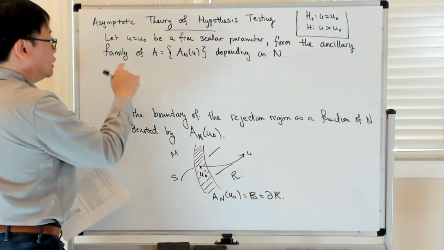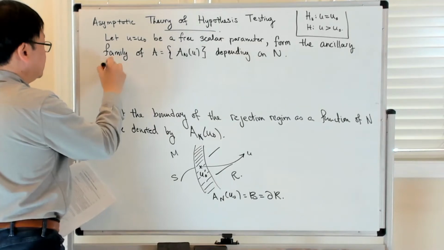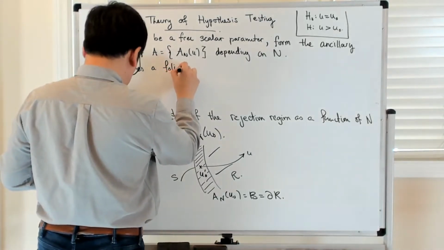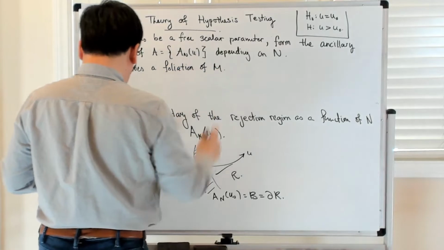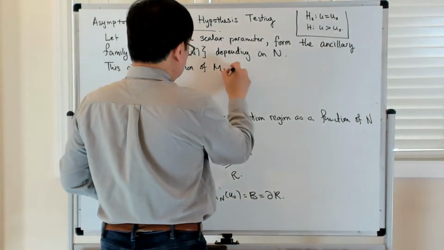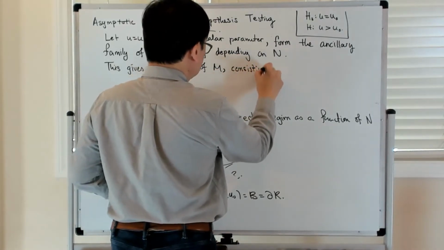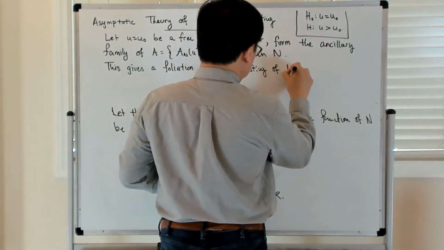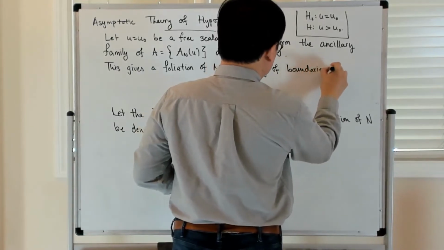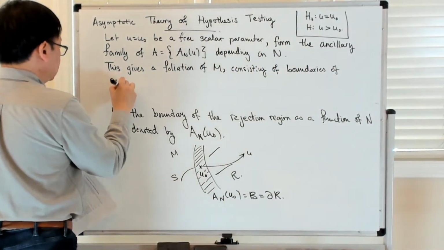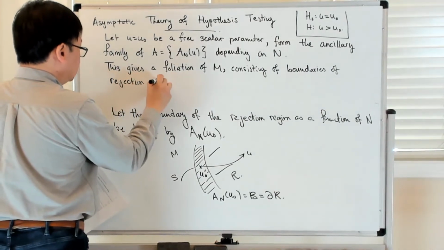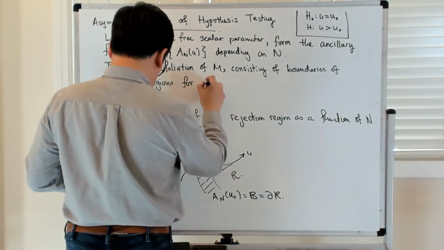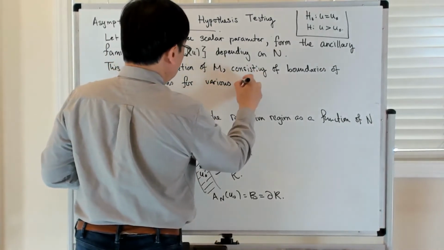So as before, this ancillary family gives you a foliation of M, consisting of the boundaries of the rejection regions for various null hypotheses.